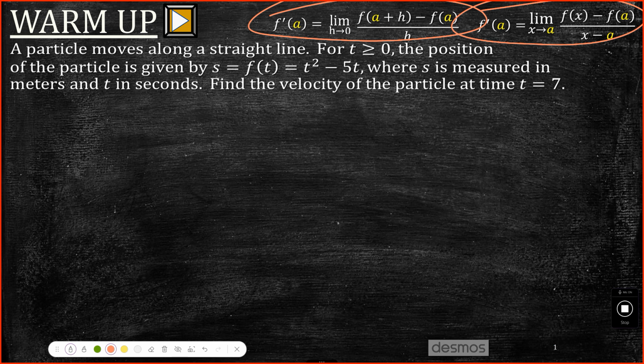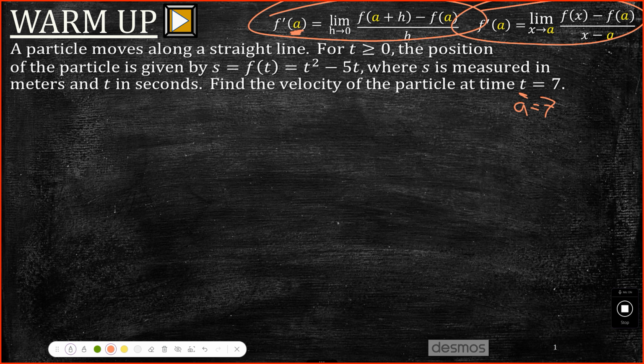Let's go ahead and do the first definition. If we do the first definition, then we're going to go at a is equal to 7, because a is going to be this one here. So a is equal to 7, t equal to 7.